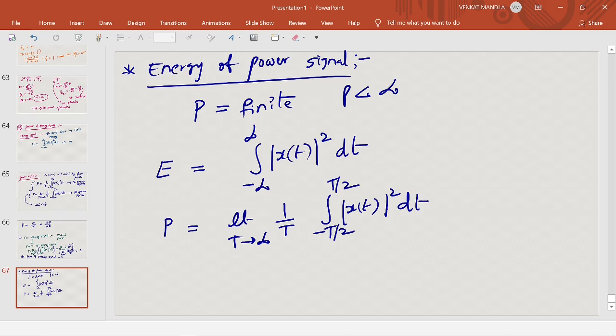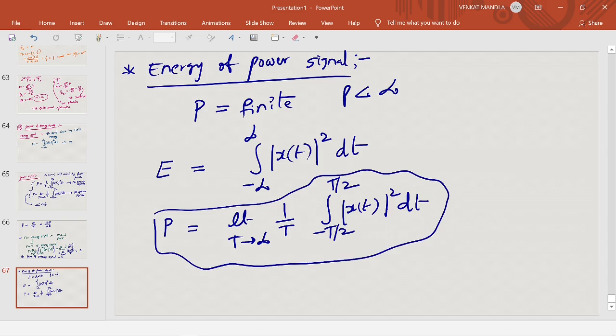So this total value is finite. This total value is some finite value. What if it is finite? What is E?